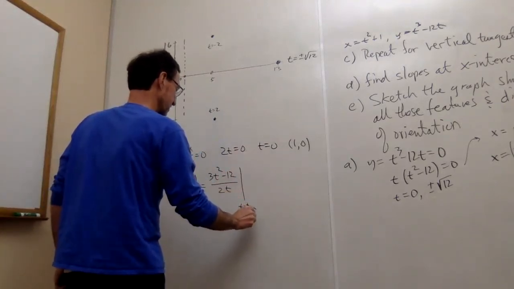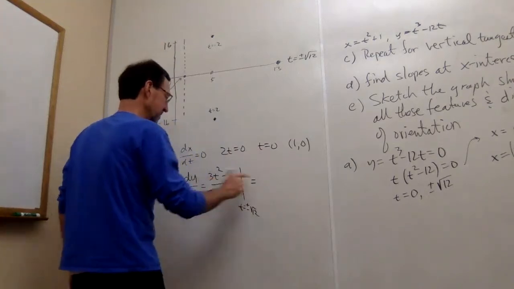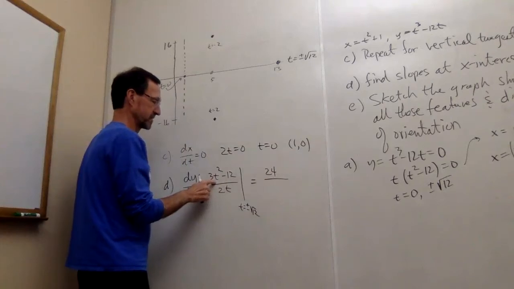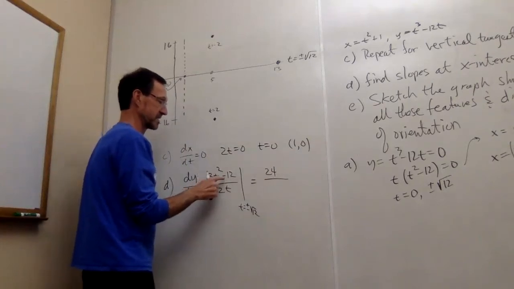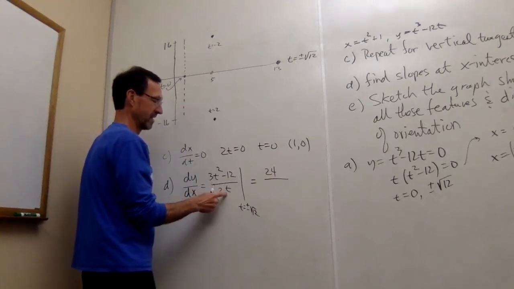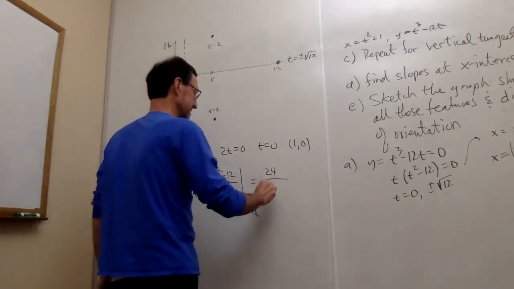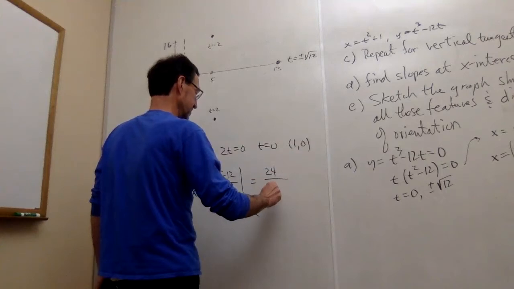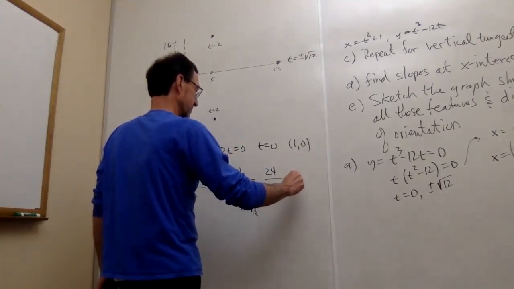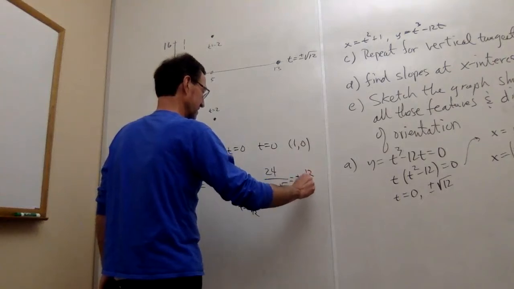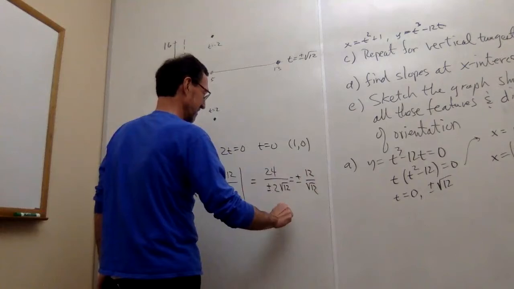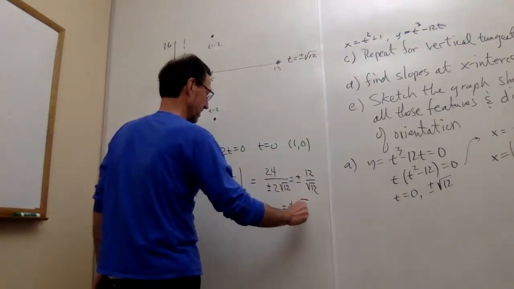So let's plug in. I think we can do these all at once. Plus or minus the square root of 12. In the numerator, we get 24 for both of them. Square root 12 squared is 12, times 3 is 36, minus 12. And down below, we get double the t value. So we're going to get plus or minus 2 square roots of 12, which is plus or minus 12 over the square root of 12. 24 divided by 2 is 12, but that's just plus or minus the square root of 12.